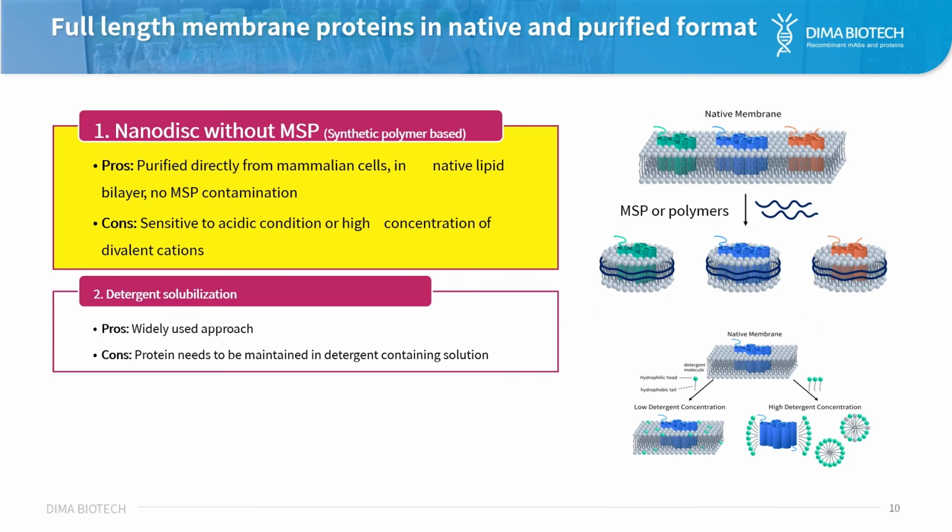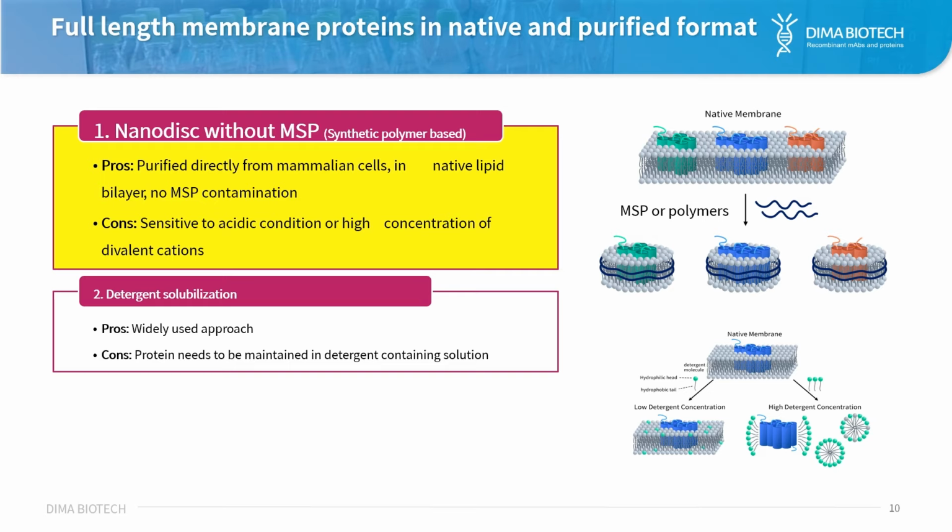So how do we produce a multi-transmembrane protein in native structure and also in purified form? Here are our two solutions in the second category. The first solution is the nanodisc without MSP. The second solution is to use detergent to solubilize the proteins. The detergent solubilization approach is a well-established method used for many years.